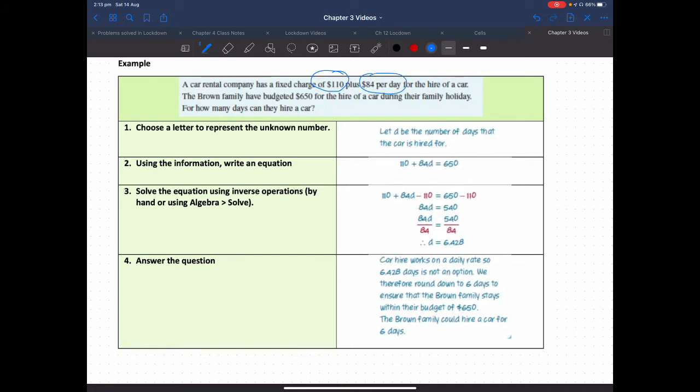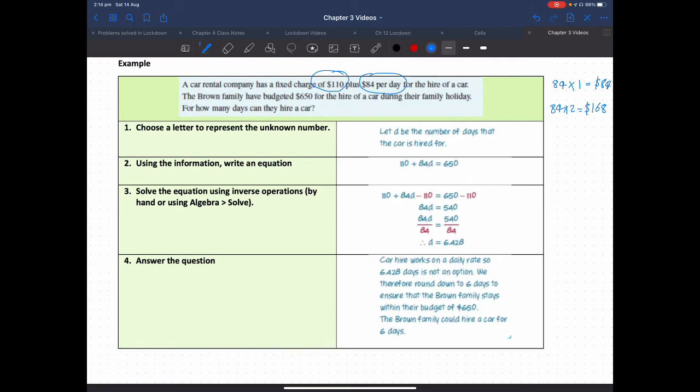Now, if I had the car for one day, the 84 part would cost me 84 times 1, which is $84, plus the $110. If I had the car for 2 days, 84 times 2, which is 168, plus the $110.